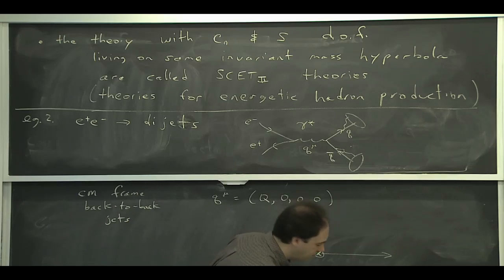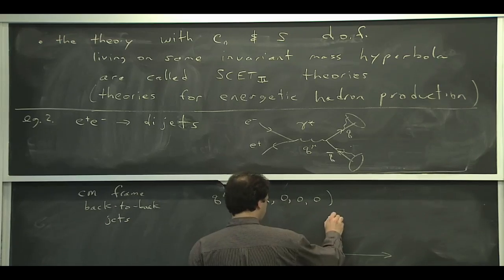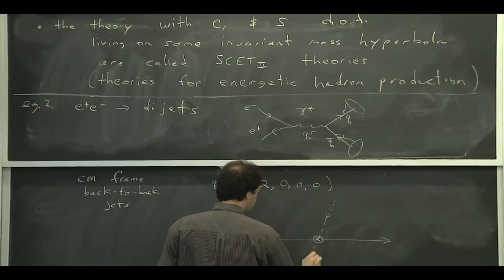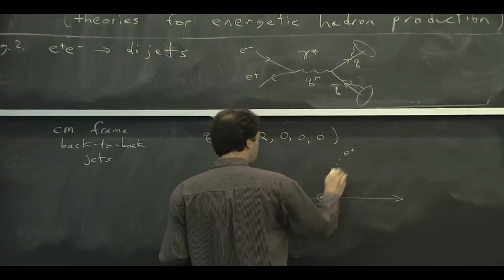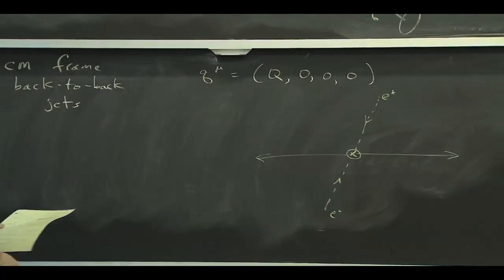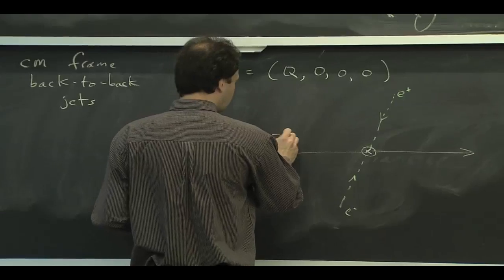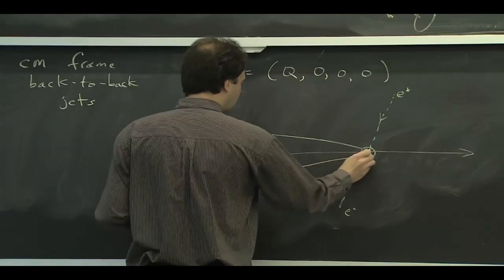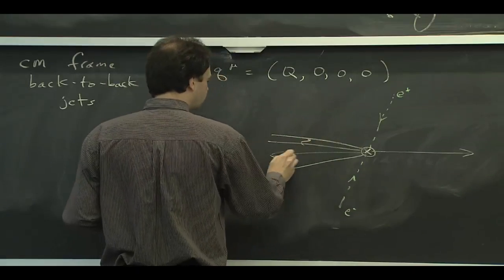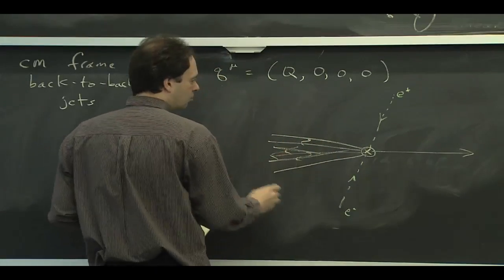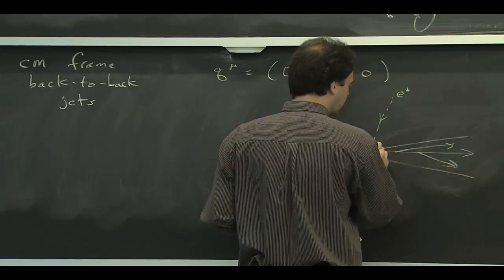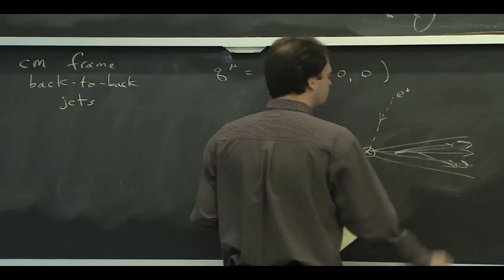Our original e+ e- might have come in from some other direction, so maybe e+ e- were coming in from here and here. And then we have these 2 jets going out this way. Since they're jets, that means they're collimated sprays of radiation. So they're not featureless. They have some size to them, like this.